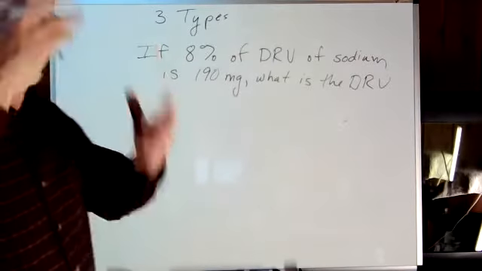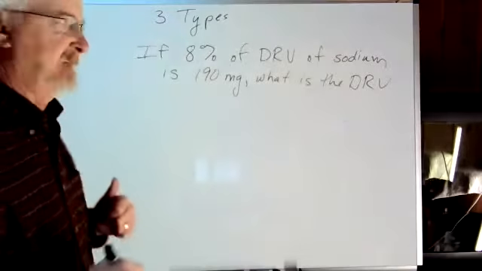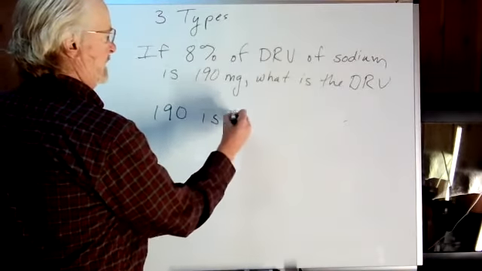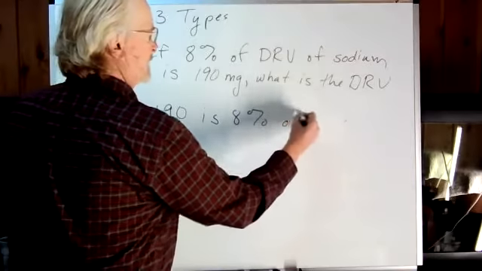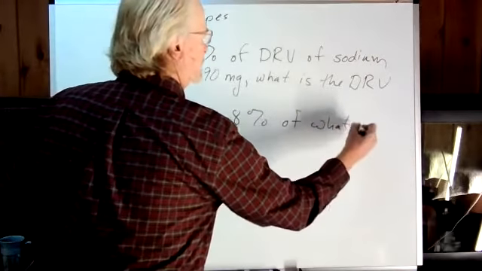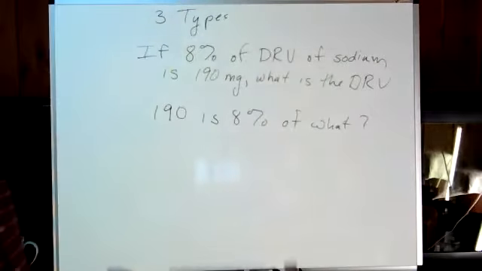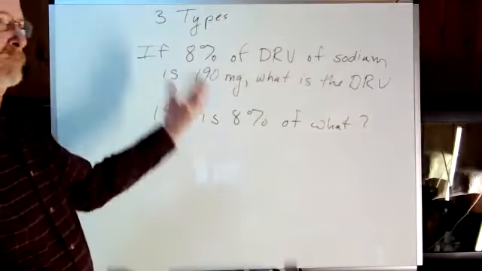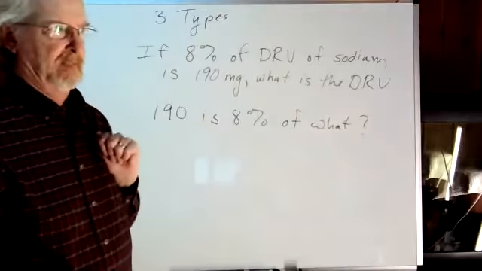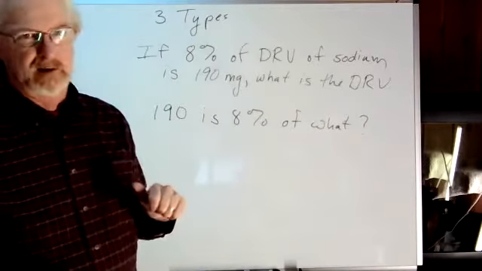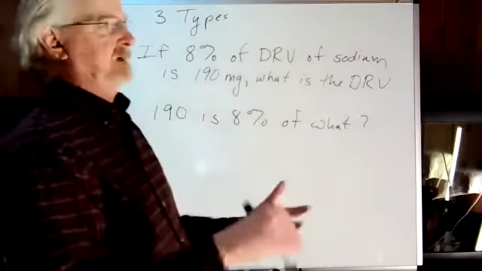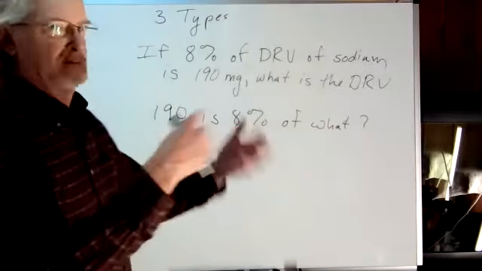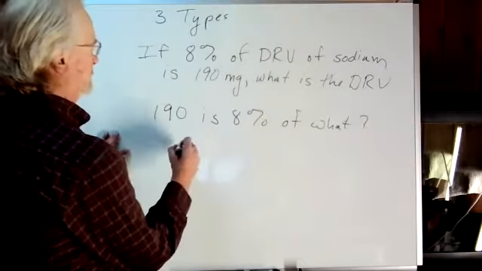So can you kind of unwrap it in your head, write that one simple sentence? 190 is 8% of what I'm looking for. If you can take your word problem and boil it down to that simple phrase that just includes those three quantities, I'd like to think then you can write the equation, and in general, they're not real complicated looking equations at this point. There's not a lot of parentheses and stuff like that.